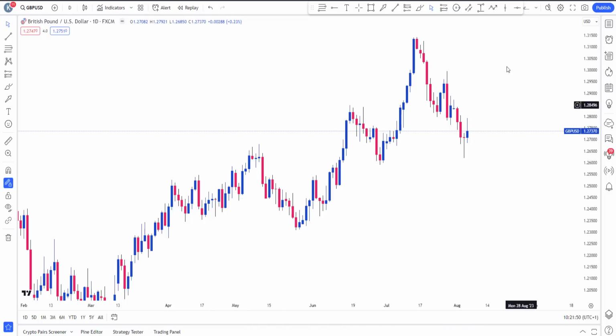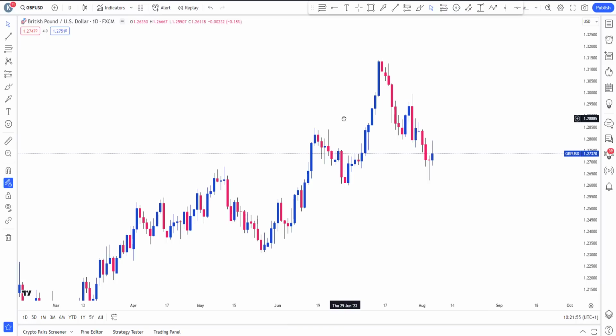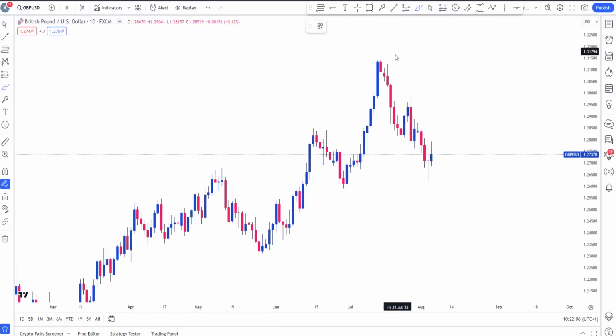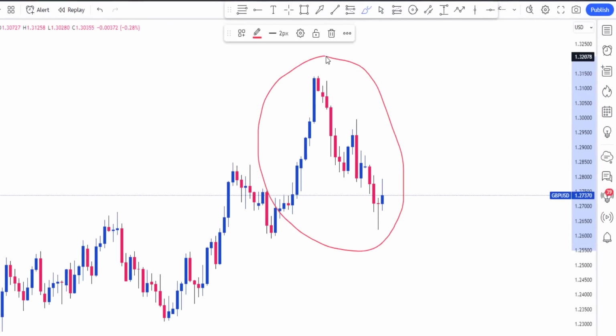So the entire trend is bullish, and I'm going to focus on the most recent price action, and that is important because I'm going to show you exactly why. This entire area is the most recent price action, and that's what I want to deal with.